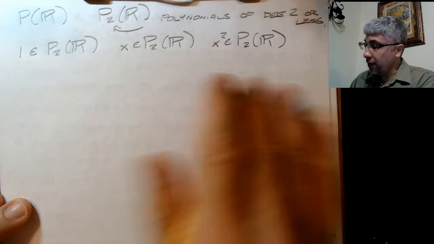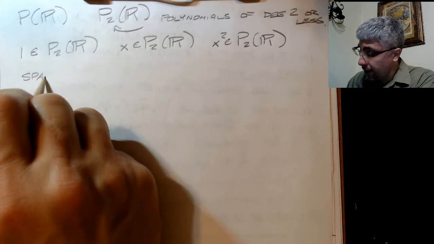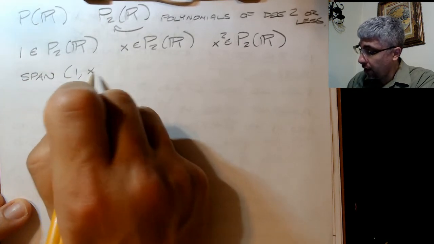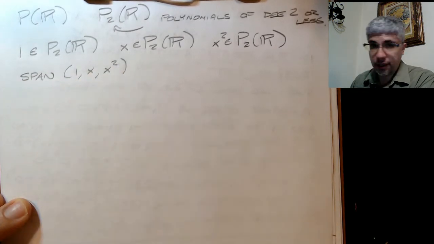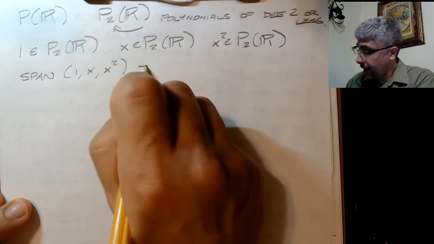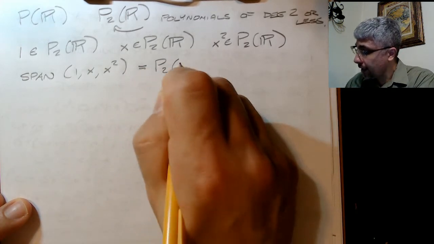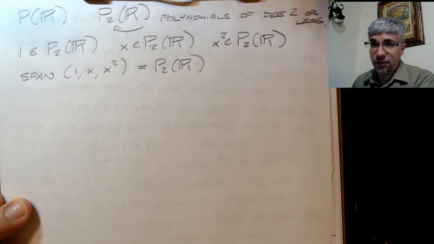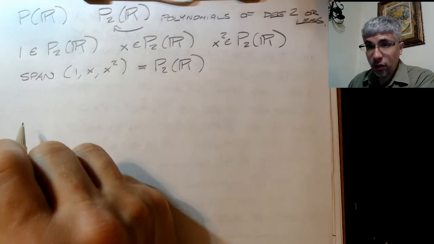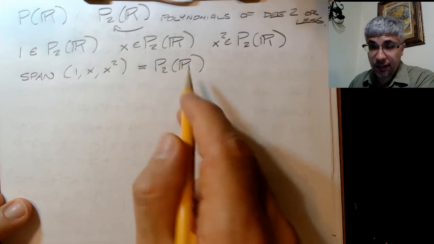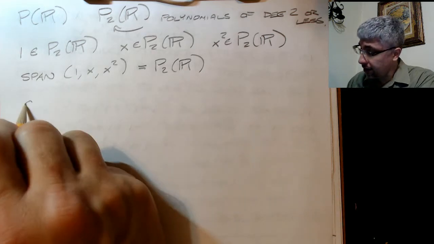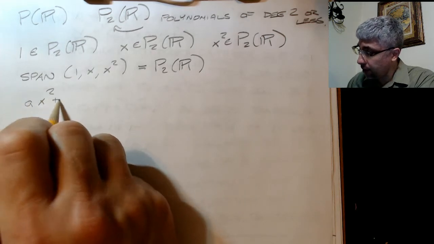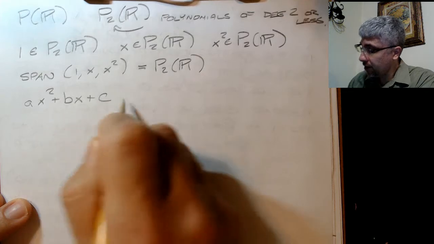So what would happen if I took the span of these three vectors, 1, x, and x squared? What would I get? You can see that we are going to get all of P2 of R. Why is that? Because anything that's a quadratic or less is of the form ax squared plus bx plus c.